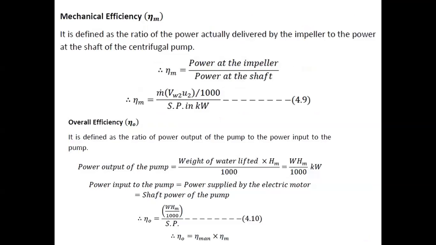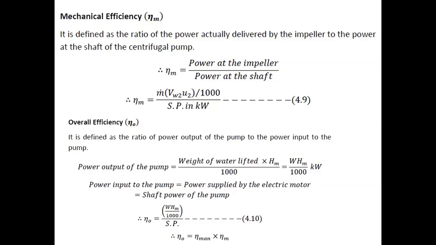After manometric efficiency, now we discuss mechanical efficiency. Mechanical efficiency is defined as the ratio of the power actually delivered by the impeller to the power at the shaft of the centrifugal pump.